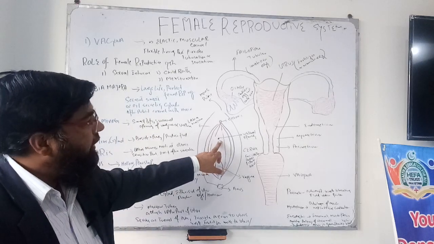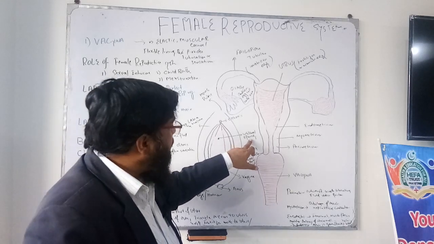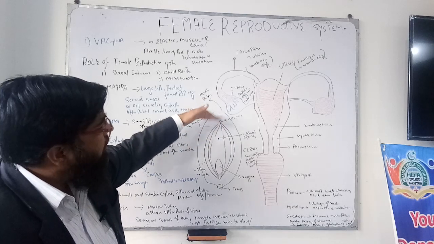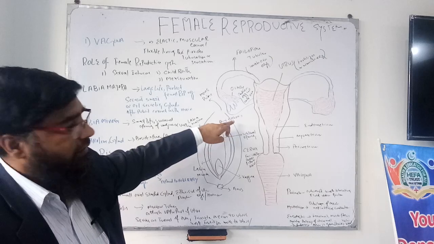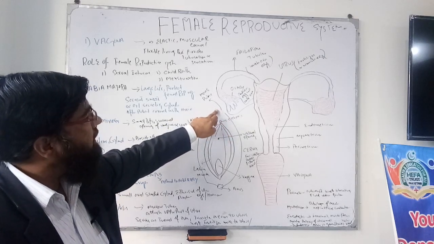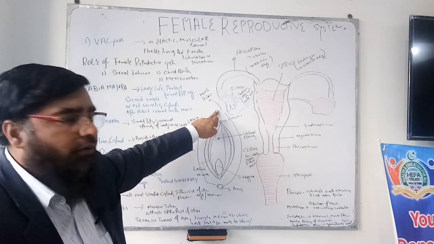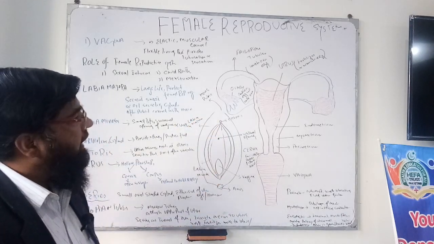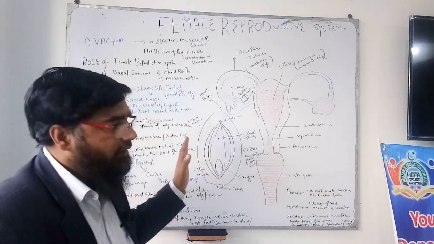This opening from which urine passes is called the urethral opening, and this point, the uppermost point of the vagina, is called the clitoris. After the clitoris, this area where hair grows is called mons pubis, and this is the vaginal opening, and here this is the anus. So this is the outer portion we have discussed.